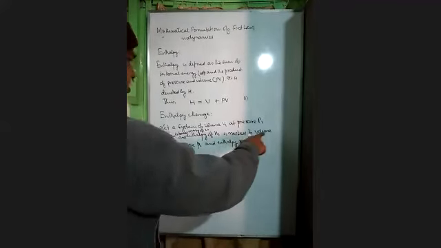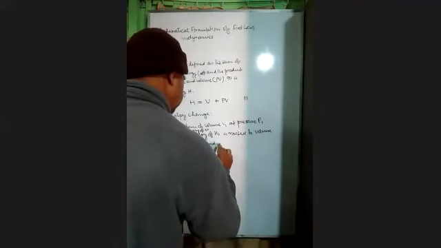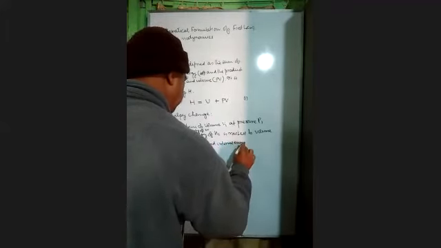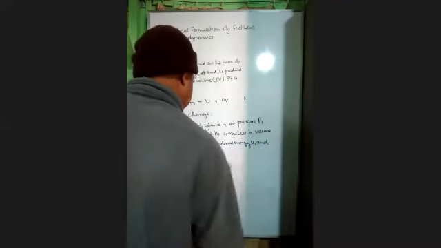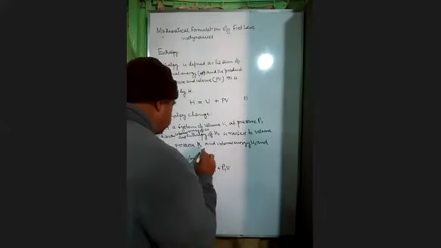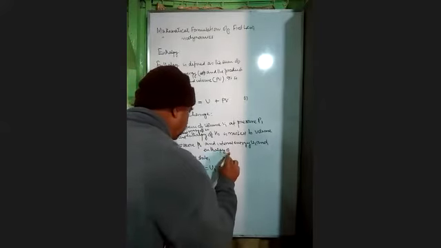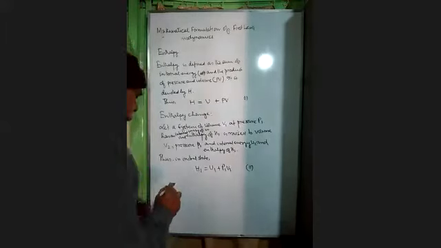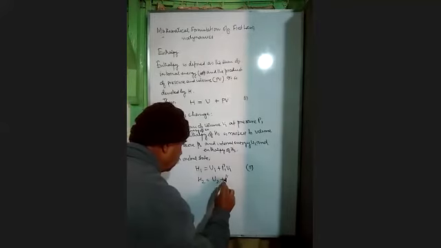Similarly, you write raised to volume V2, pressure P2 and internal energy U2 and enthalpy of H2. This is equation, H2 equals U2 plus P2 V2.